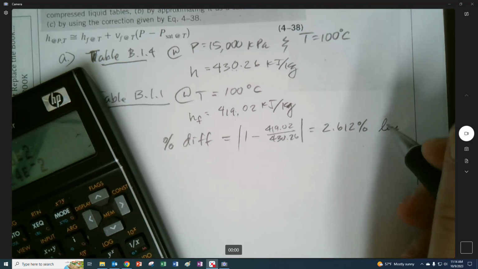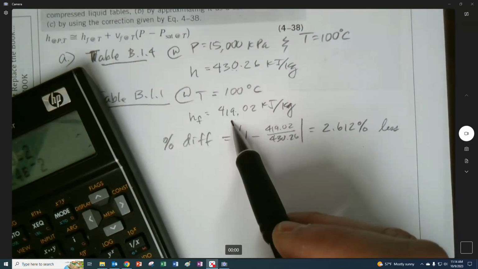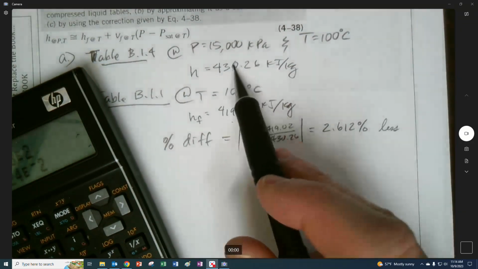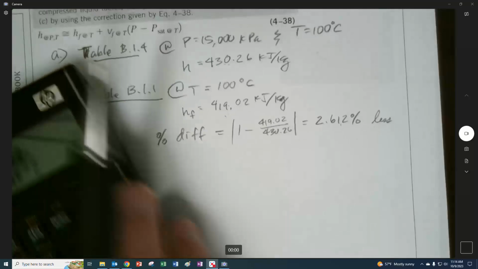So this is 2.612% less than the correct value, so we would have an error of that.